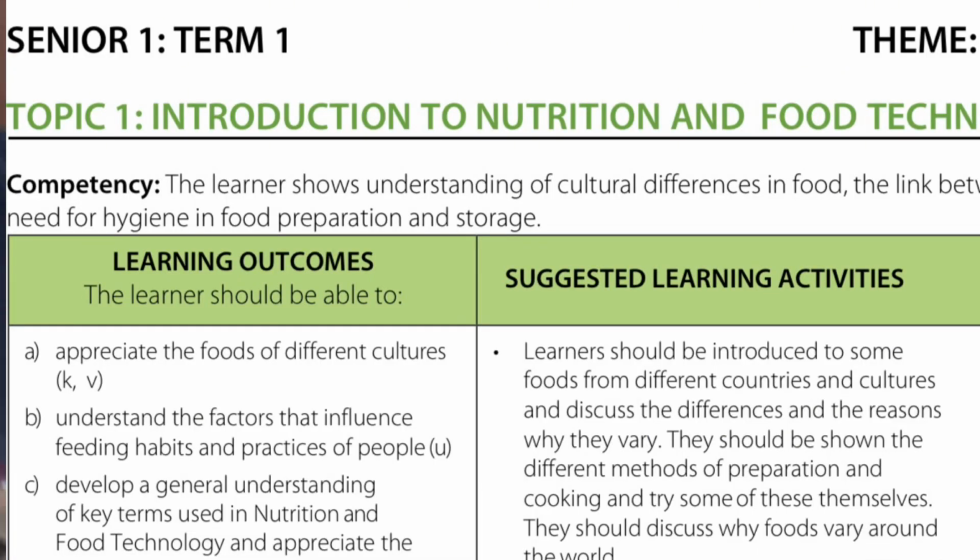The third learning outcome says develop a general understanding of key terms used in nutrition and food technology and appreciate the importance of healthy living. Understand the key terms used in nutrition and food technology and appreciate the importance of healthy living.